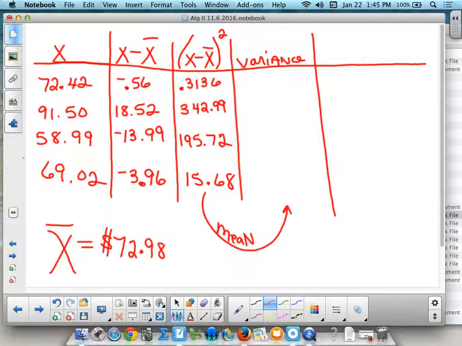That's nothing but adding and dividing by 4. The variance is sigma squared. 138.6759. You got 138.68. That's exactly what I got.